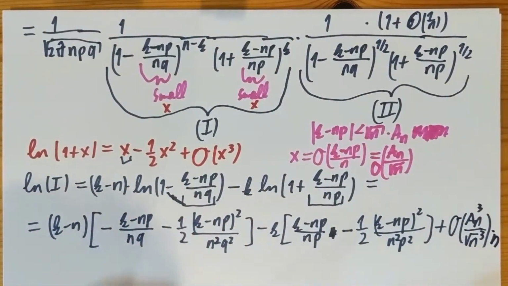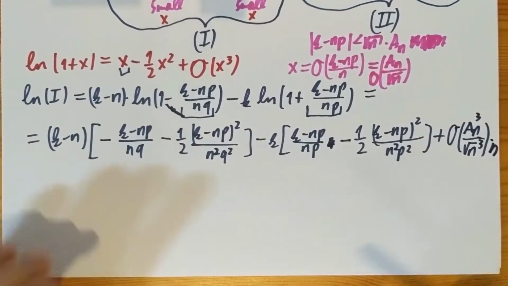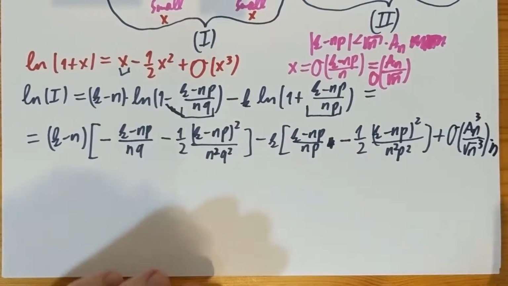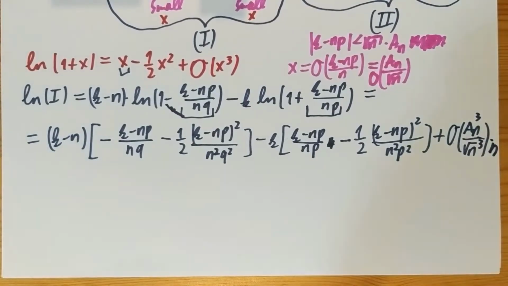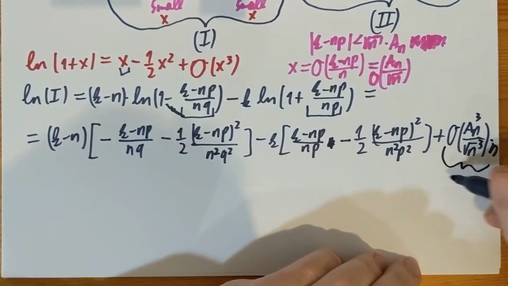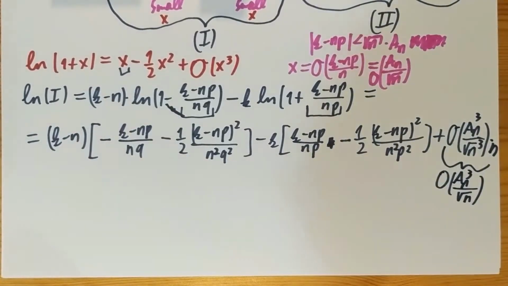This is my error term. And of course I can collapse this error term, because 1 over square root of n cube times n is just 1 over root n. So this together is big O of an cube over root n. Okay, so that was my first step.